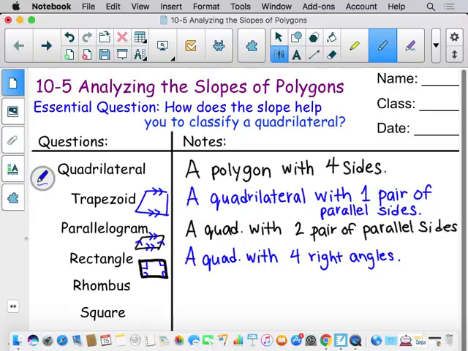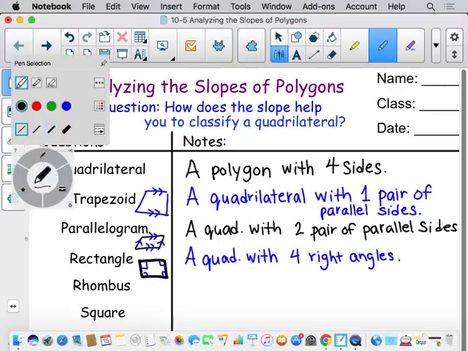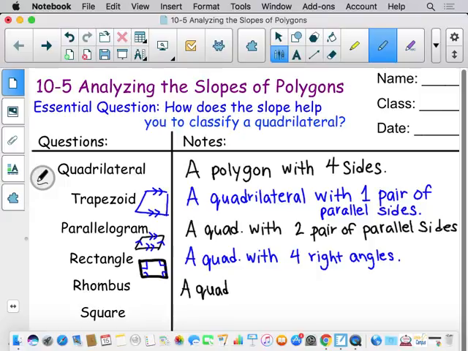A rhombus, the next new vocab word, is a rhombus. A rhombus is a quadrilateral with four congruent sides. So now we're switching from talking about sides being parallel to sides being congruent.